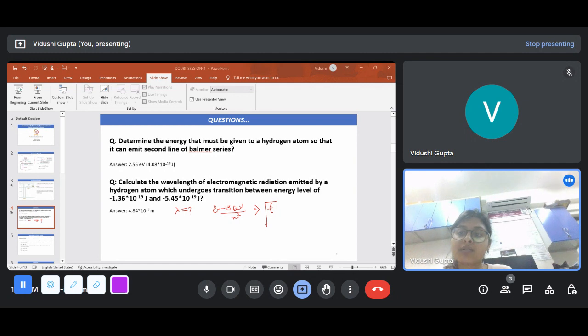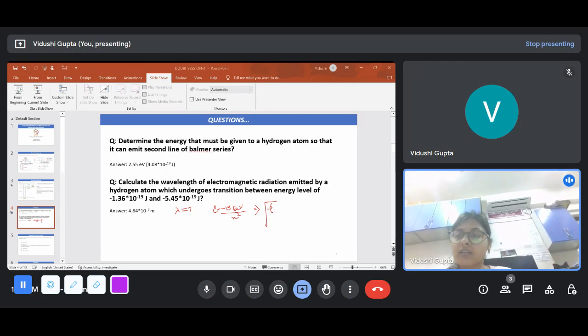We know that 1 micrometer is equal to 10 raised to minus 6 meter. So by solving, we will get the value of velocity.